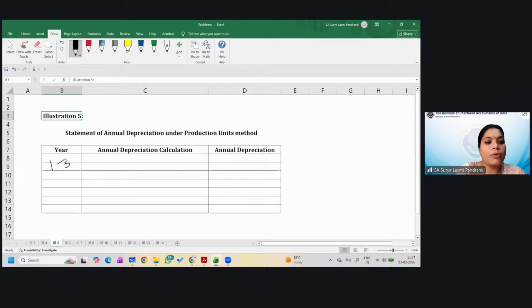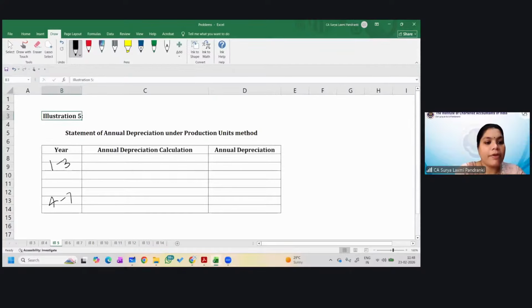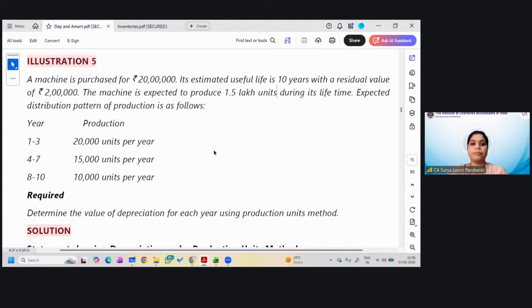So it is year 1 to 3. And what is the next breakup? 4 to 7 and 8 to 10. I need 3 depreciations. Quickly do this. I'll show you the question if you want.